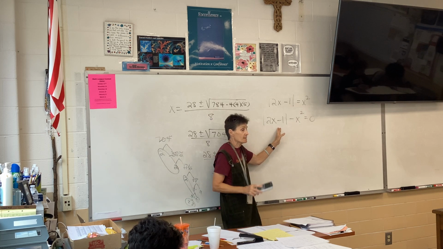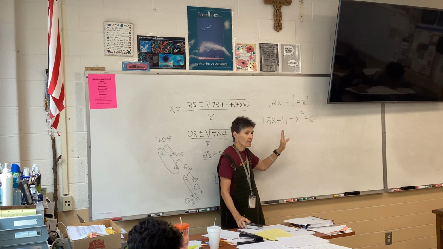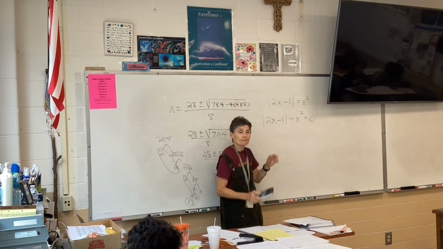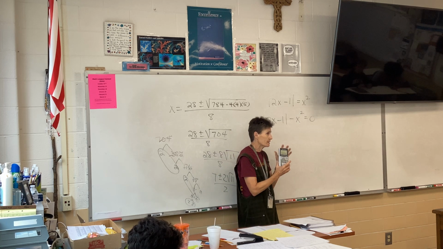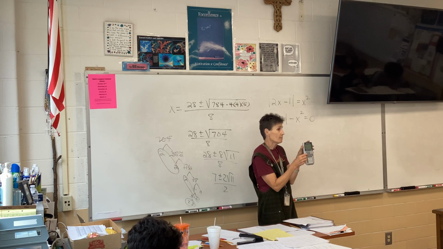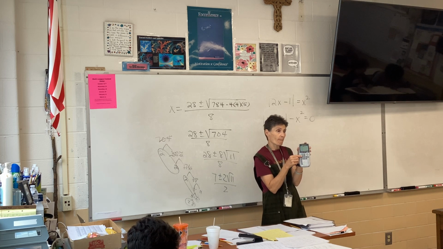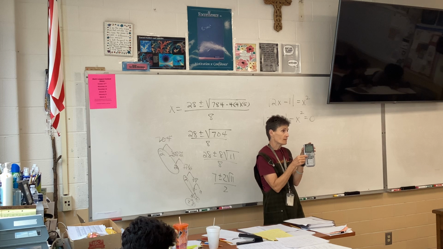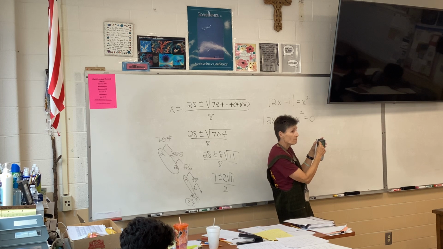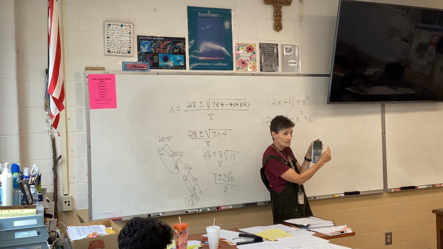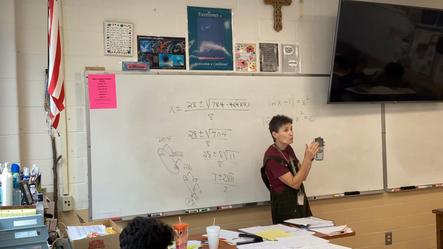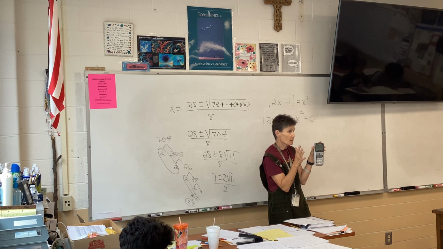And I'm gonna graph this. Now, you're probably wondering, how do I get absolute value? Very easy, your calculator has everything. Press math. And across the top, you have several options. Click over to NUM number.